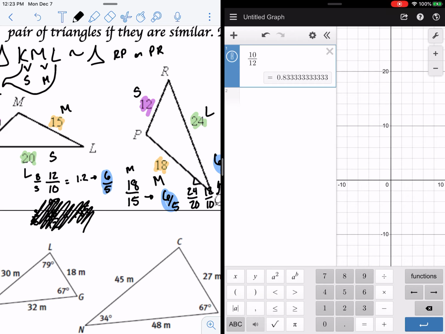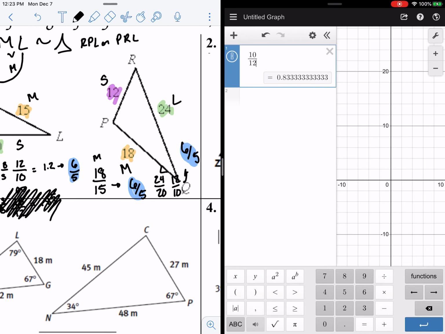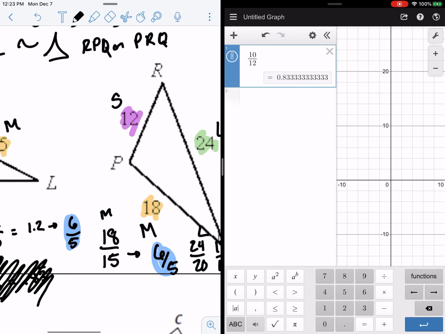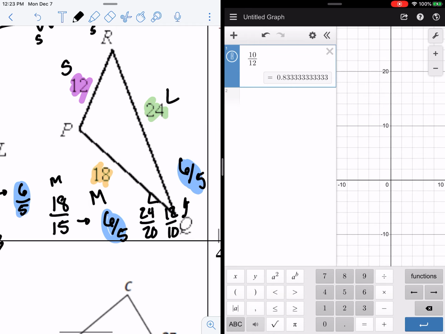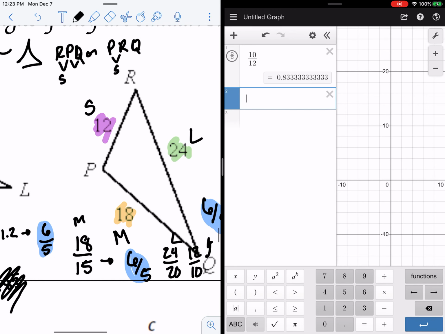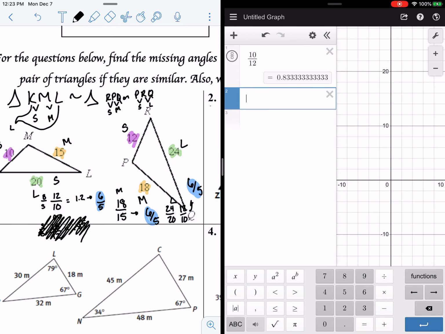If it's PR, the last letter is going to be L, and if it's RP, the last letter is Q, not L. So we know R to P for both of these is the small side. Now PQ is 18, which is my medium. RQ is my large, and my first triangle statement was small to medium, so therefore that tells me my answer. Triangle KML is similar to triangle RPQ.